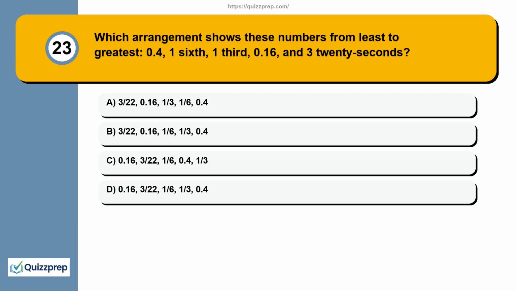Question 23. Which arrangement shows these numbers from least to greatest? 0.4, 1/6, 1/3, 0.16, and 3/20. 3/20, 0.16, 1/3, 1/6, 0.4. 3/20, 0.16, 1/6, 1/3, 0.4. 0.16, 3/20, 1/6, 0.4, 1/3. 0.16, 3/20, 1/6, 1/3, 0.4.